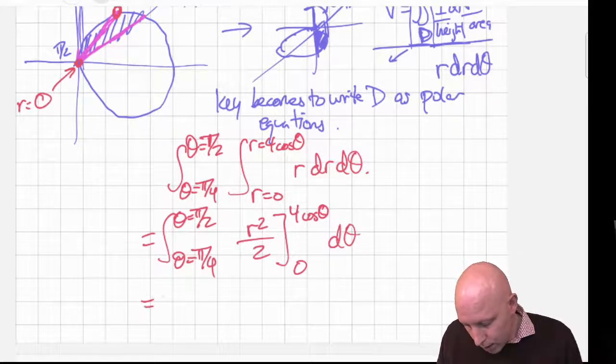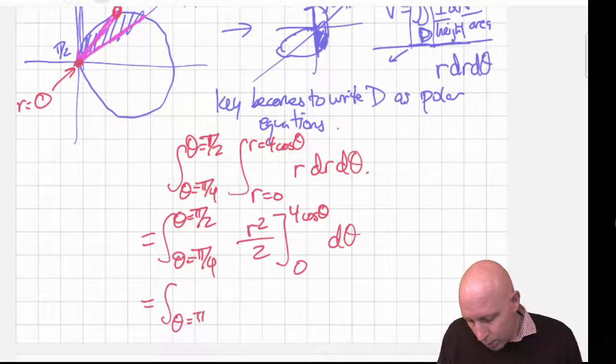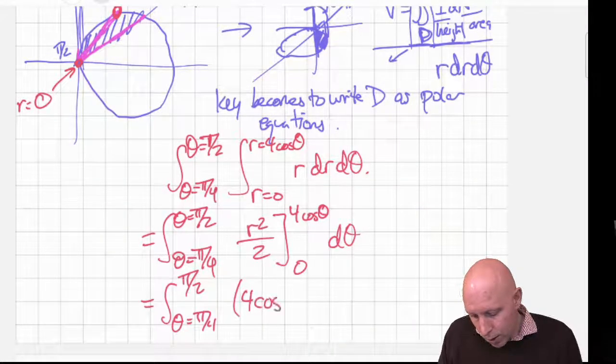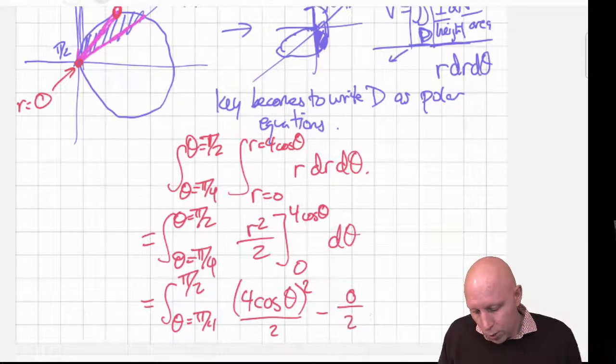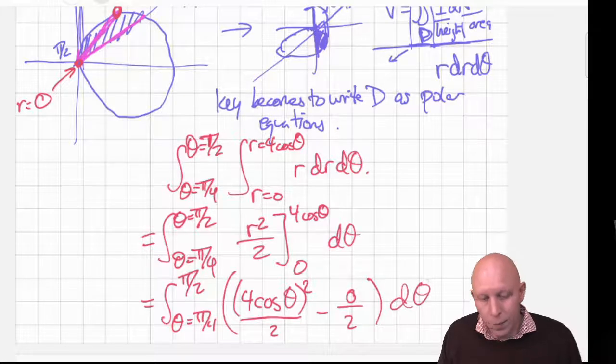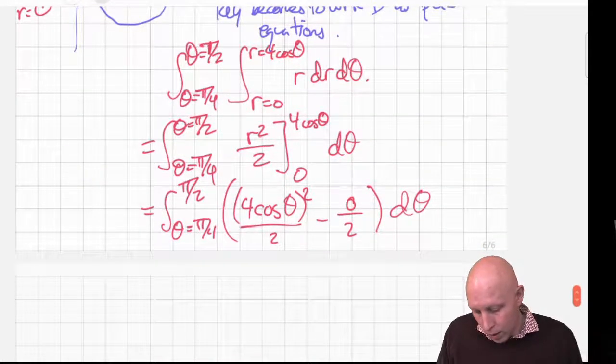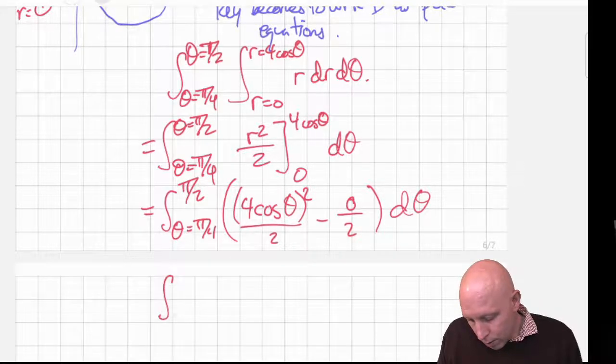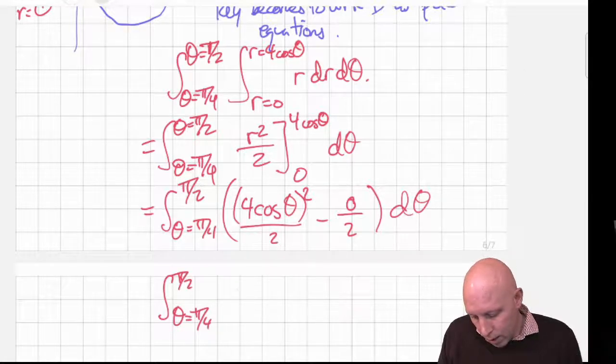So this gives us an integral from theta is equal to pi over 4 to pi over 2 of (4 cosine of theta) squared over 2 minus 0 squared over 2 d theta. All right, so now what do we have? We have 4 squared, 16, divided by 2. We have the integral from pi over 4 to pi over 2 of 8 cosine squared theta.